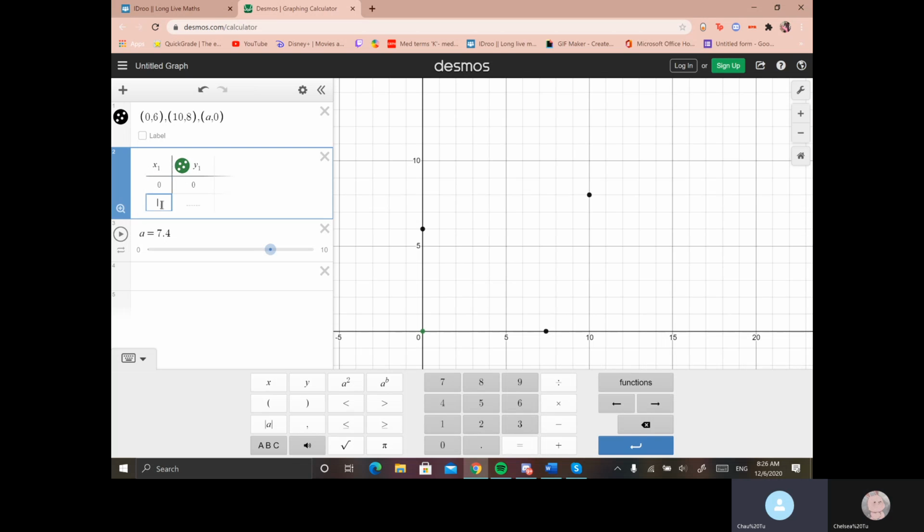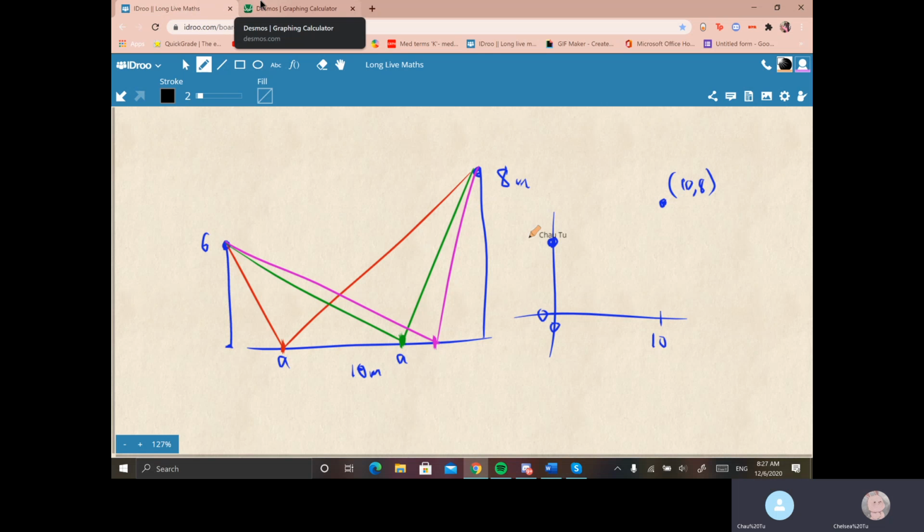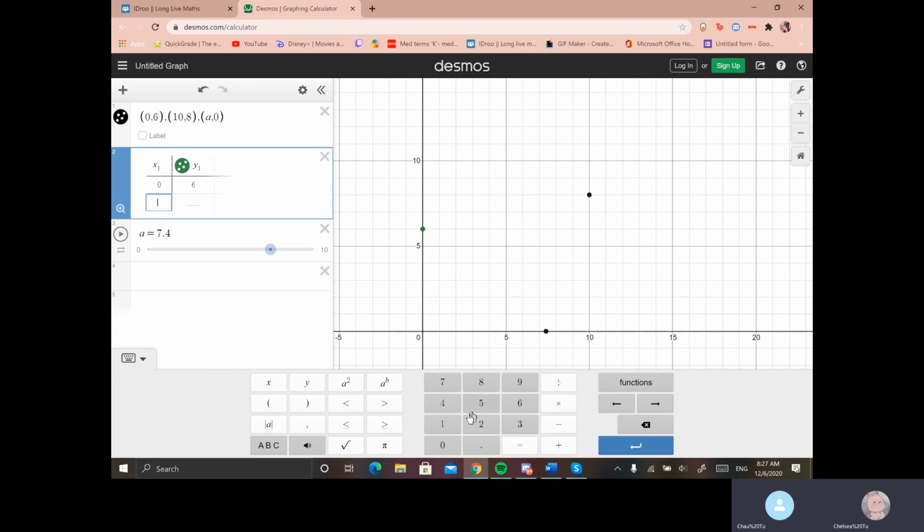Why 6 across? Is that 6 or 0? I can't see. 0, 0. Oh, you're joining it from the origin, right? To where? Wait, no. Yeah, 0, 6. Join it to A.